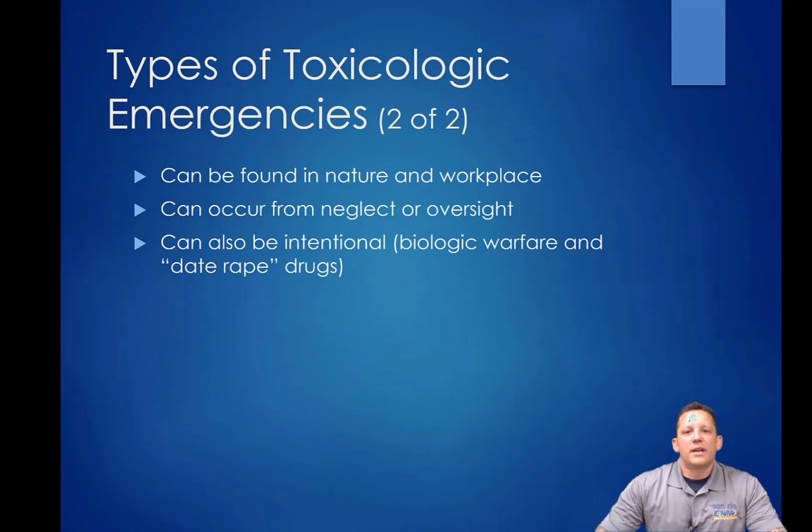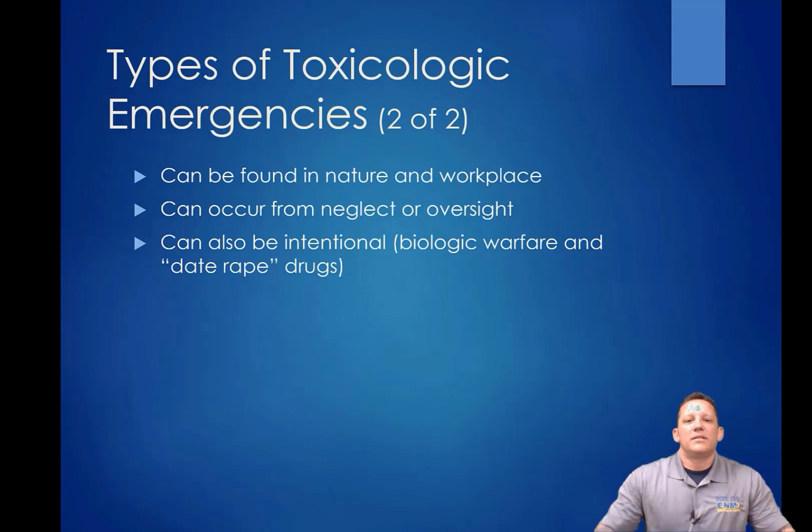Most can be found in nature and in the workplace. Many can occur from neglect or oversight. And again, they can be very much intentional, as in nefarious acts such as biological warfare or the date rape drugs that can be given out.